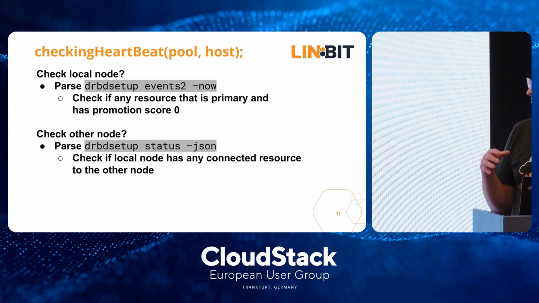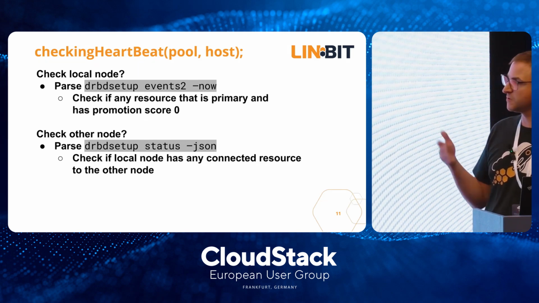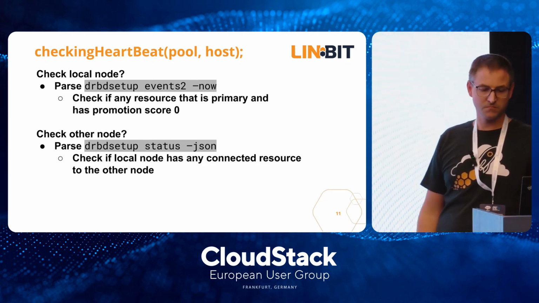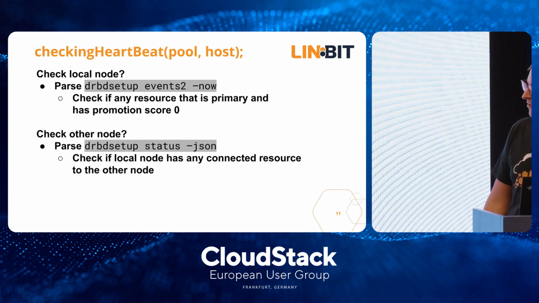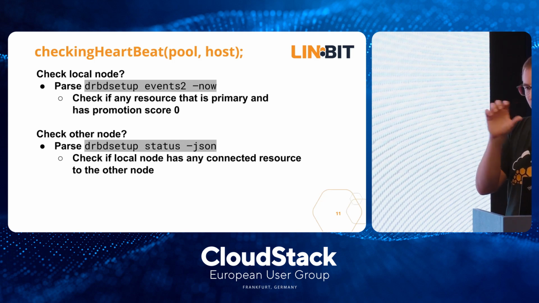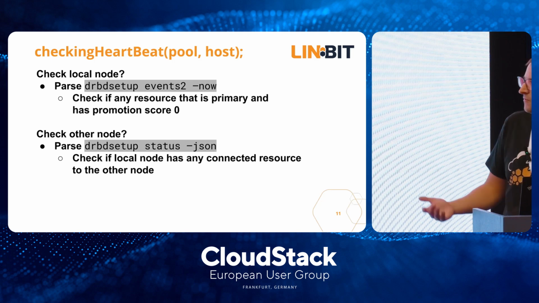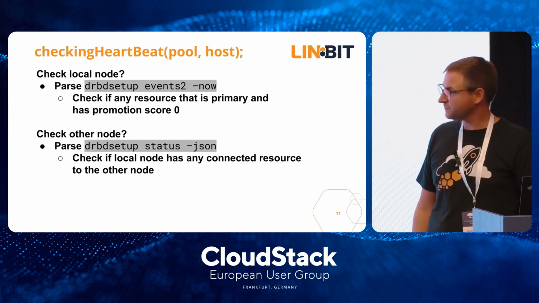So that's the indication, okay, this node is fine. And if it wouldn't have any connections, we say something is wrong here, or it's probably wrong, because it could also happen that we don't have any connection to the node because there are no resources shared between the two nodes. But then we still have to say no because we don't know better.